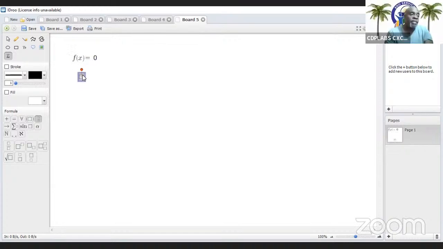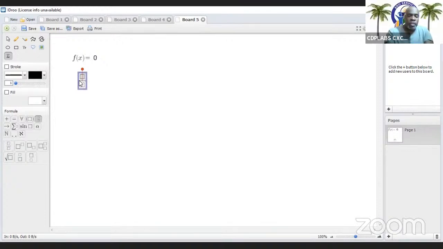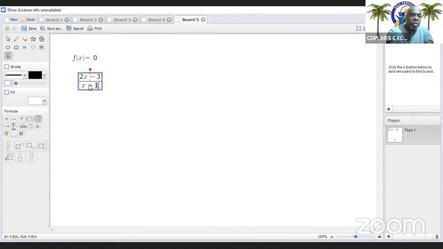Notice it says calculate, so you have to show working. So we're saying now that 2x minus 3 over x plus 1 is equal to 0.